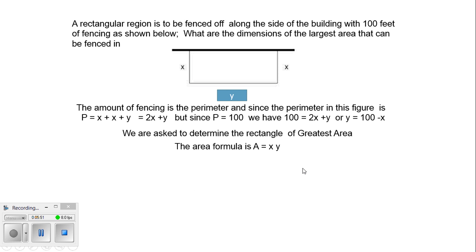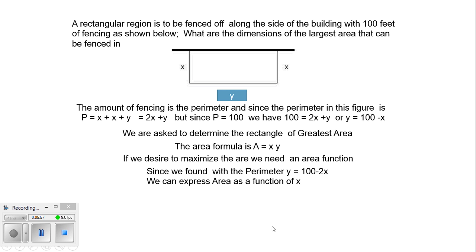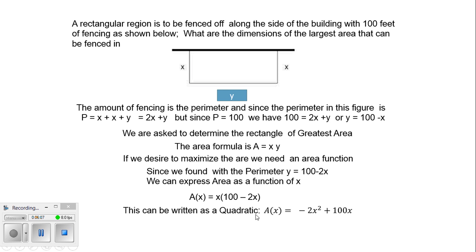And we're asked to find the rectangle of greatest area. So X times Y is the area. Y is 100 minus 2X. Putting them in place gives us another quadratic function. The area is a function of X, and it's a downward opening quadratic: negative 2X squared plus 100X.